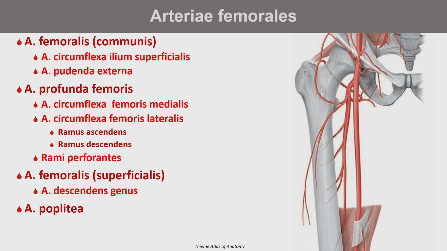The femoral artery is very important because ischemia of the lower extremities is very frequent in patients with atherosclerotic disease, also in diabetics, also in some autoimmune diseases like Buerger disease, etc. So, the femoral arteries and their names.